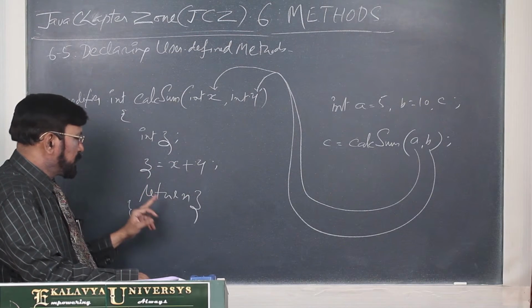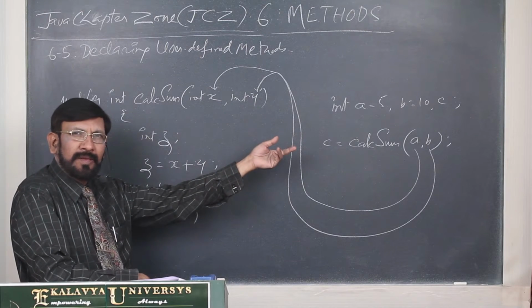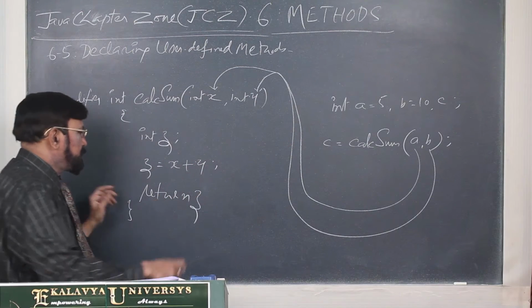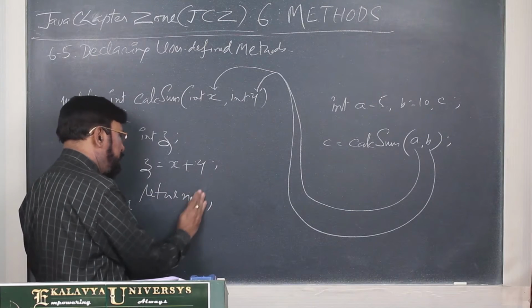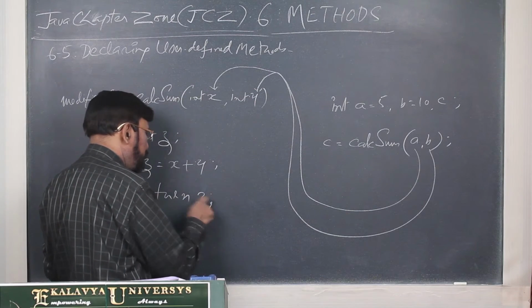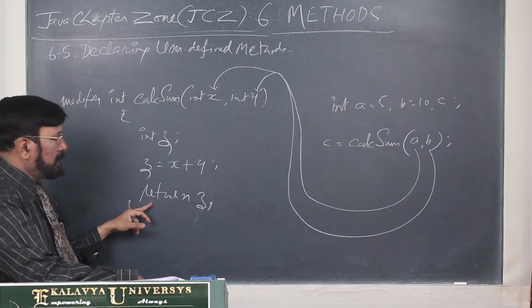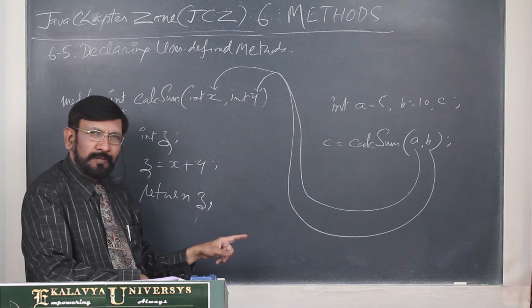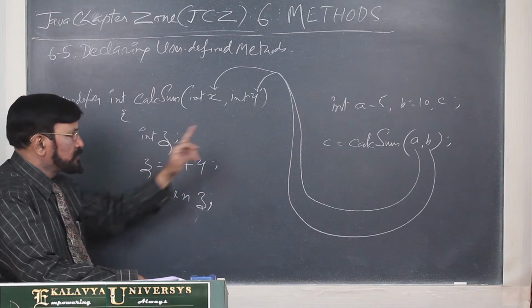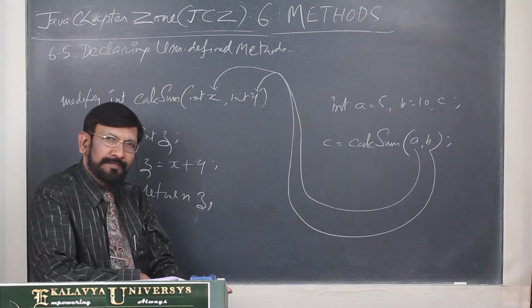Thereafter, Z should be returned to the caller. So we have written the return statement and Z, and this value is returned to the caller. This is the caller, and now you see, not only is the value returned, the control also is transferred to the caller.